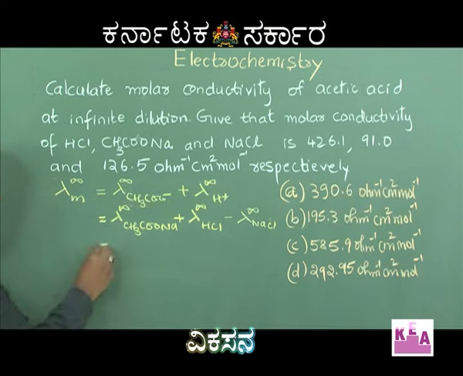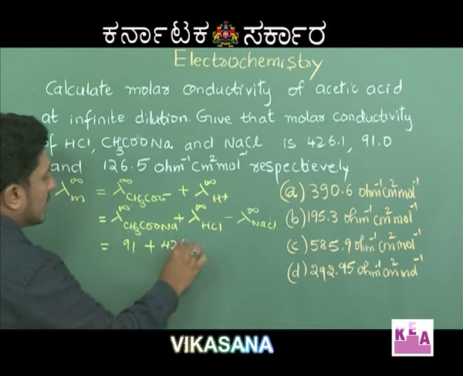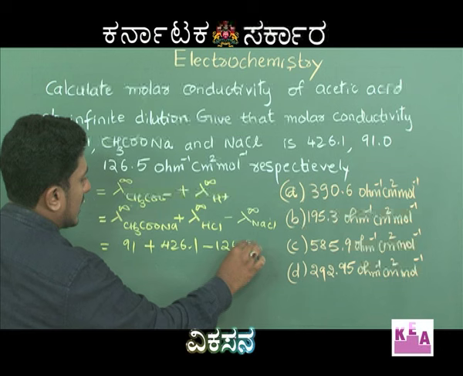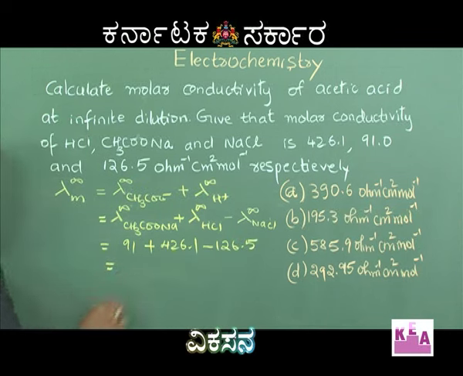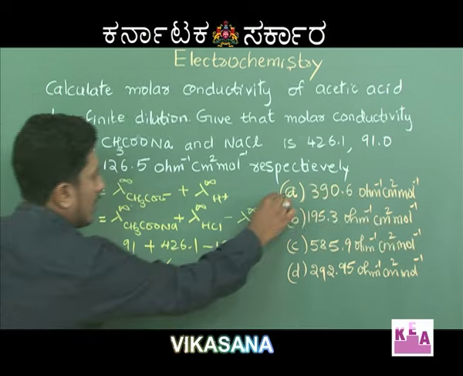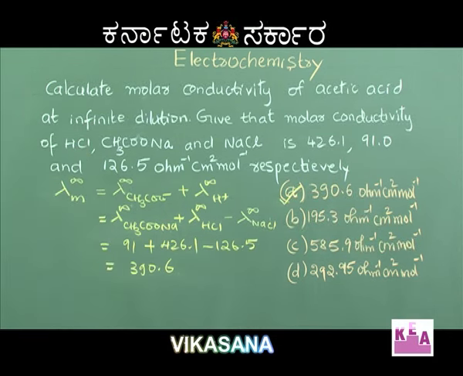The value of sodium acetate is given, it is equal to 91 plus HCl, 426.1, minus NaCl, 126.5. On simplification, the value will be equal to 390.6. Hence, option A is the right answer.